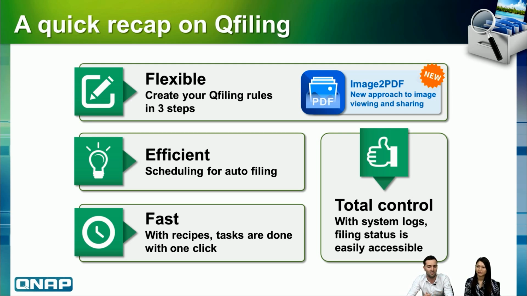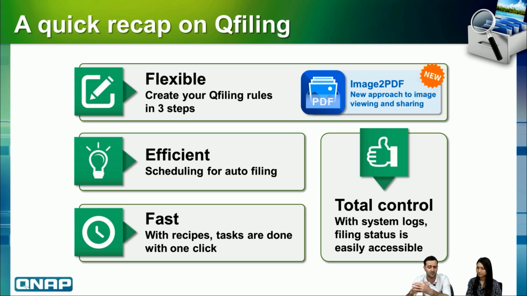So we are almost at the end. Maybe we can make a quick recap on Qfiling. As you mentioned earlier, it's very flexible, which makes it very easy to create Qfiling rules in only 3 steps. It's also very efficient because you can schedule all the tasks and activities for auto-filing in the future or after a certain time.